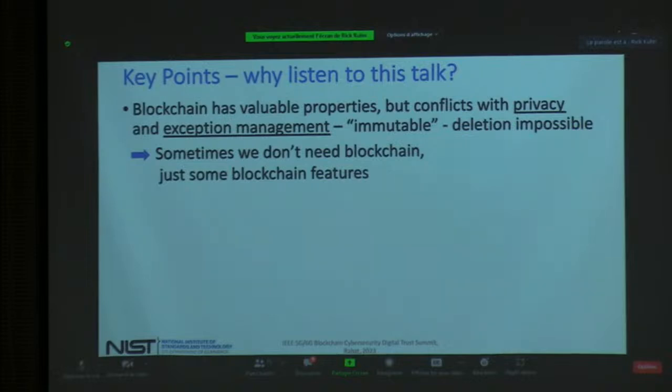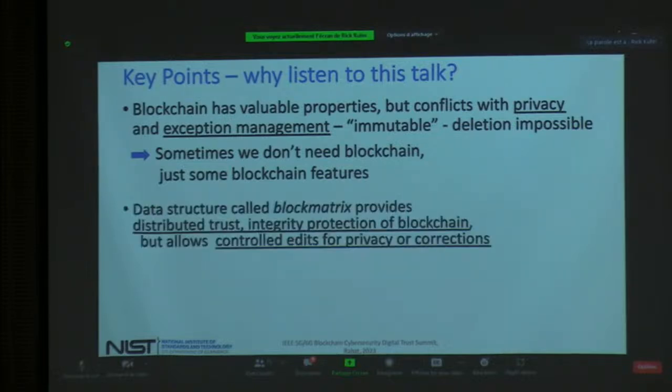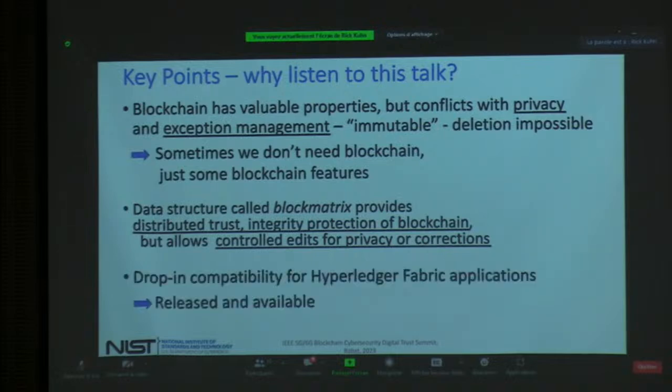So what we can do is something a little bit different, which we call a data block matrix. What this gives you is the distributed trust and the integrity protection of a blockchain, but it also allows for controlled edits for privacy or corrections of errors. And we've made this a simple drop-in component for existing Hyperledger Fabric applications so that the application requires little or no change to use this new feature.